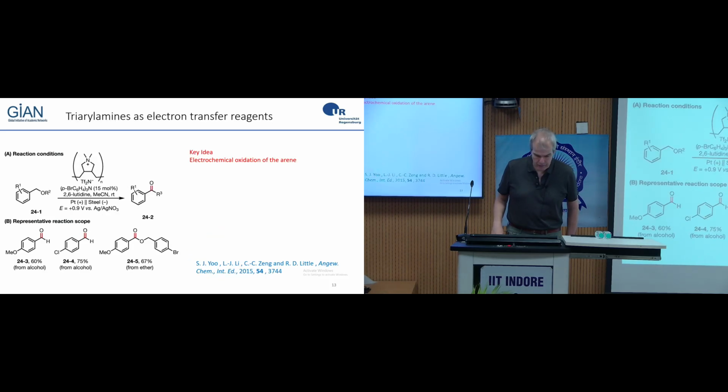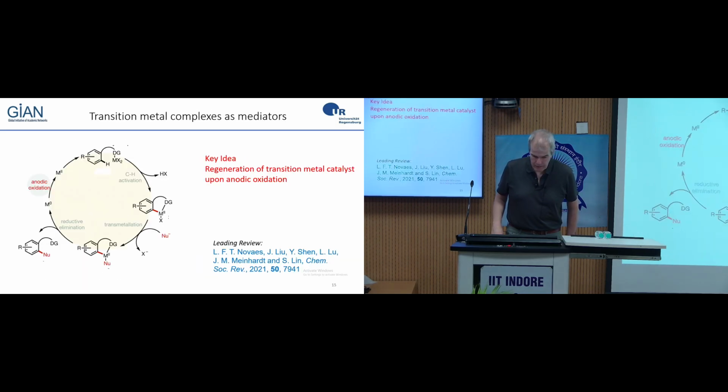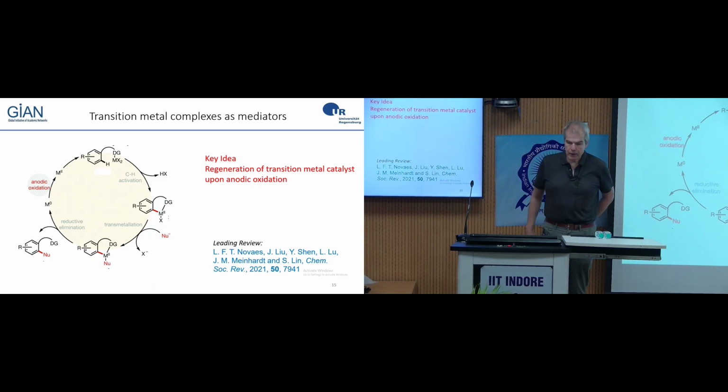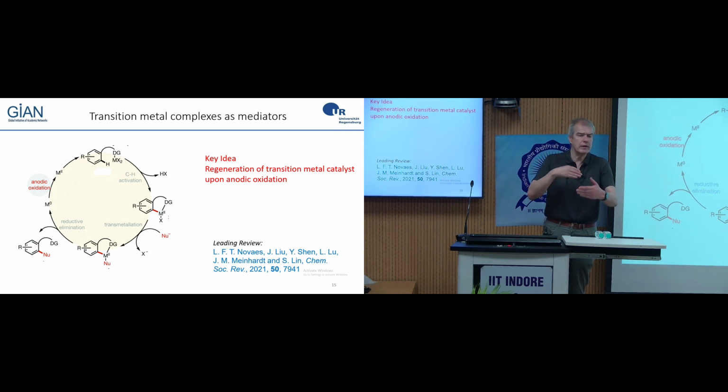We are running out of time here. I give you a lot of ideas here, a lot of examples. One of the ideas, probably again in the context of photocatalysis, we have talked so often that we need to readjust the oxidation state.